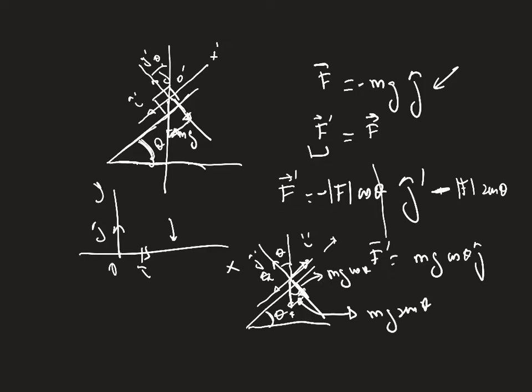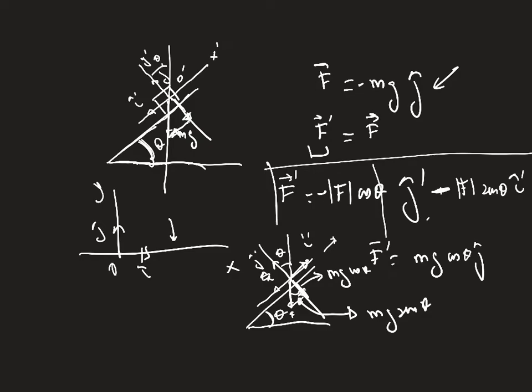So the vector F prime, that is the representation of the force in the system x prime, y prime, will be minus F cosine of theta j prime, correct? And if I take minus F sine of theta i prime, this is the force.